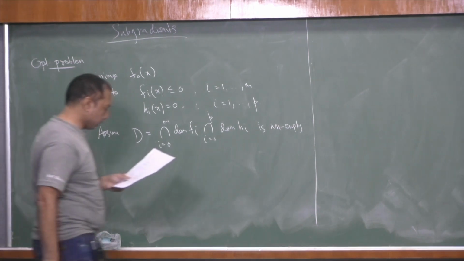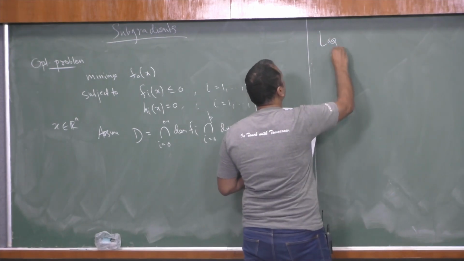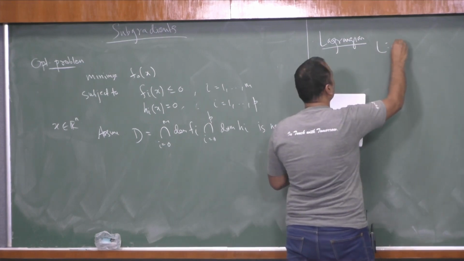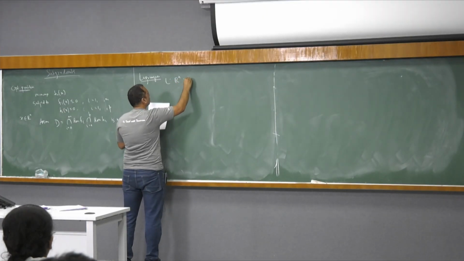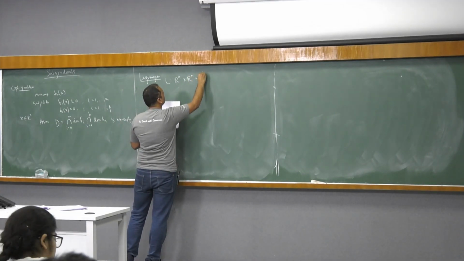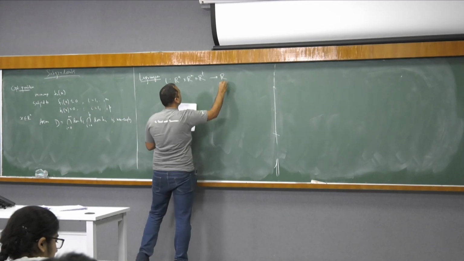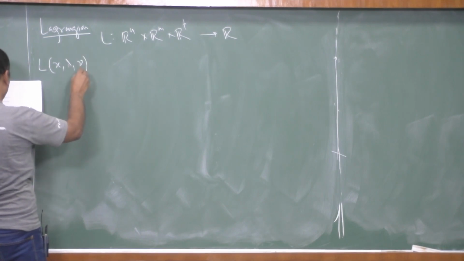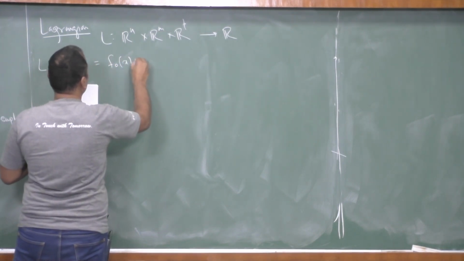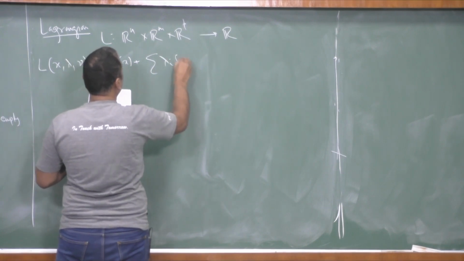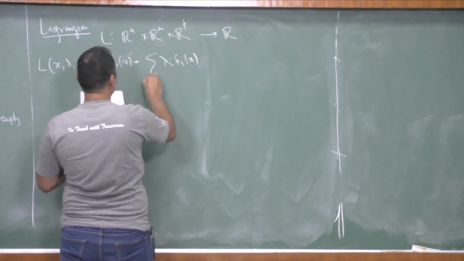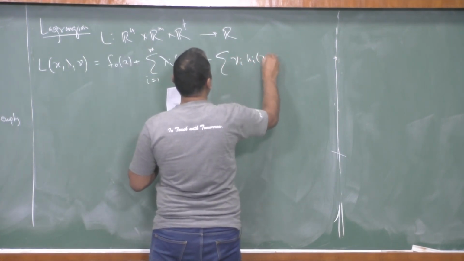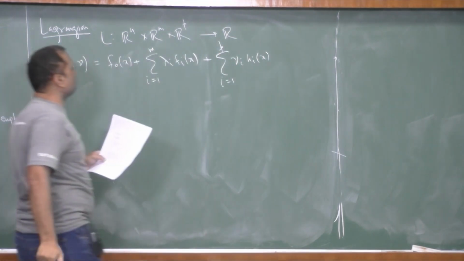Then there is something called the Lagrangian. So I will define a Lagrangian. This is a function L from R n, R m and R p to the real numbers R, and it is defined as follows: L of x, lambda, nu is f naught x plus the sum of lambda i f i x, i equals 1 to m, plus the sum of nu i h i x, where the equality constraints go from 1 to p.